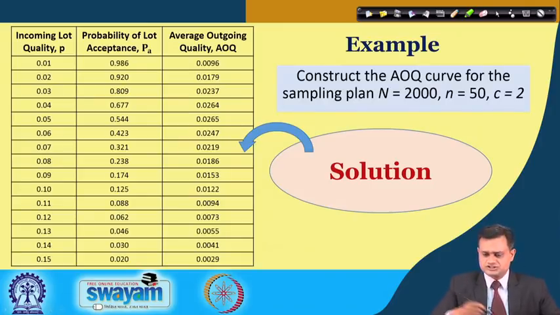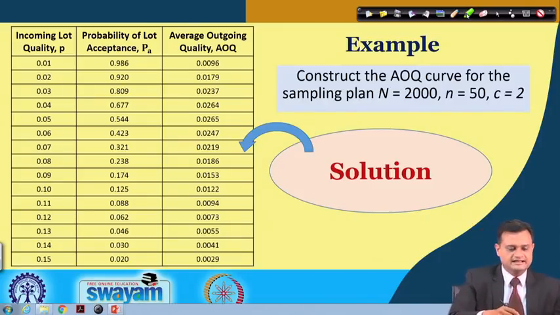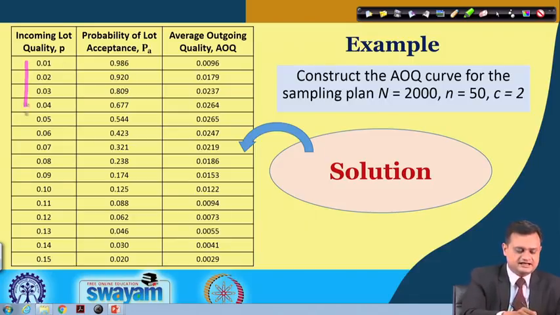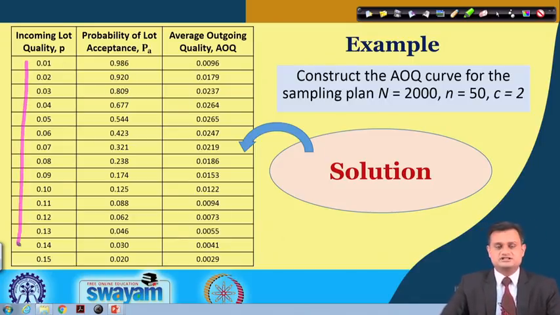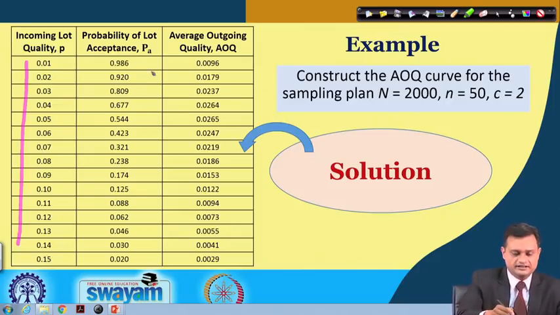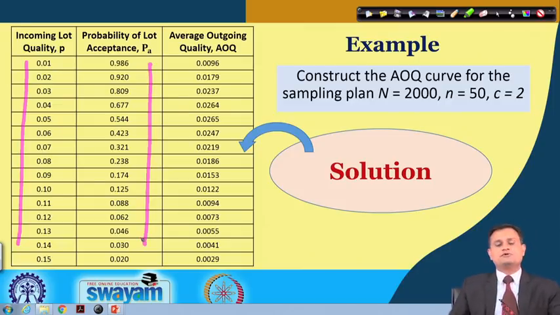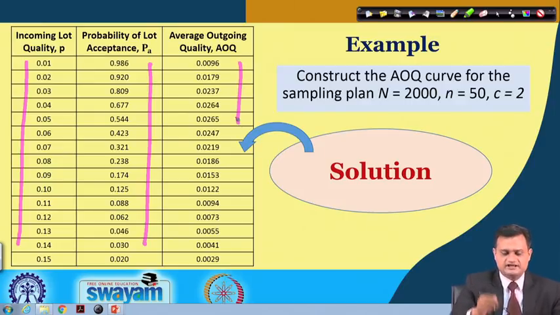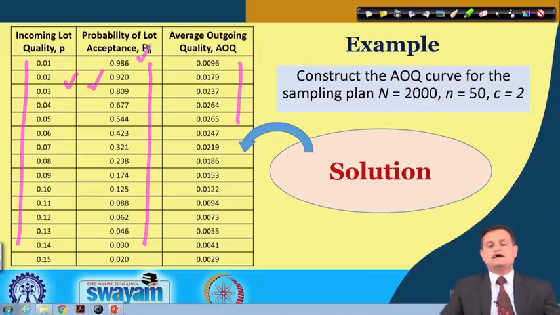So now if we do a little bit of computation, let us say incoming lot quality 0.01, 0.02, 1%, 2% and so on, and I can compute PA, probability of acceptance, and I have average outgoing quality. So you just plug in the values of P, PA, you have the capital N, small n, and typically PA you can find from the cumulative Poisson table, already we have discussed, and you will have the average outgoing quality.